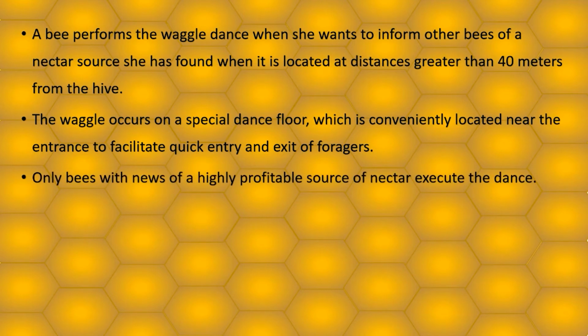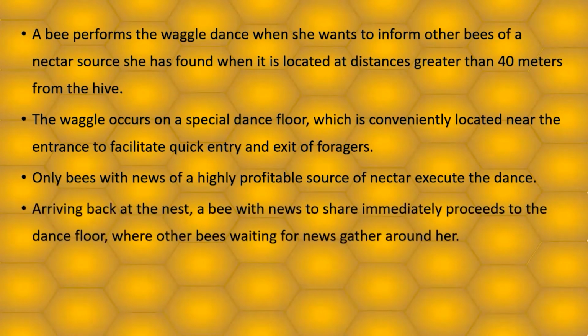Only bees with the news of a highly profitable source of nectar execute the dance. Arriving back at the nest, a bee with news to share immediately proceeds to the dance floor, where other bees waiting for news gather around her.